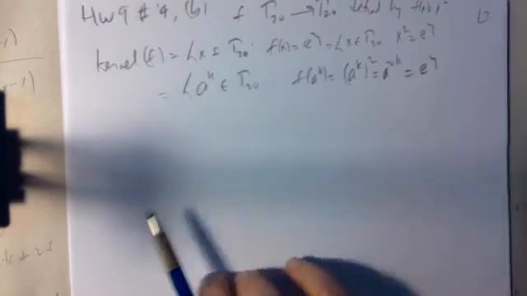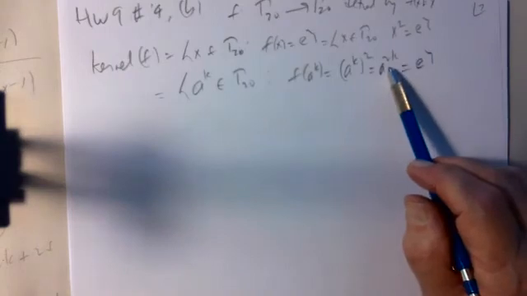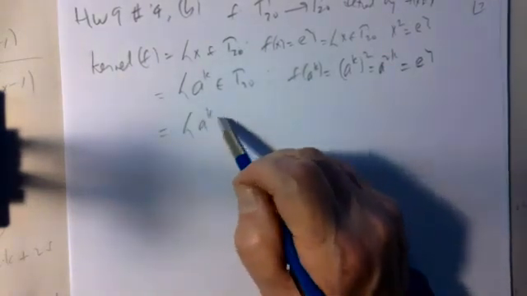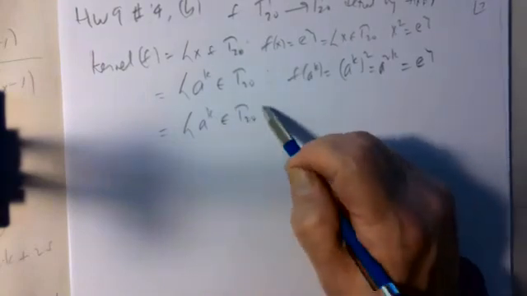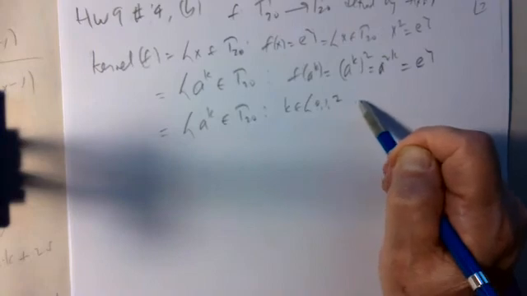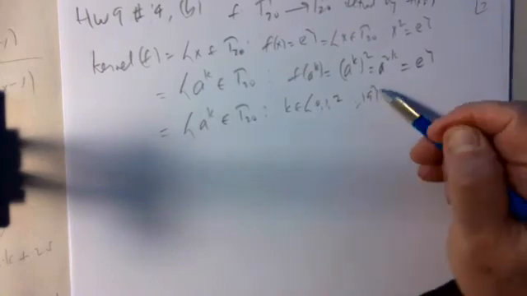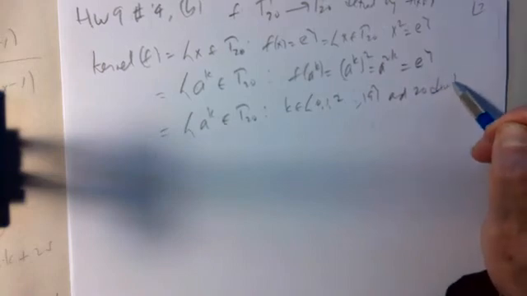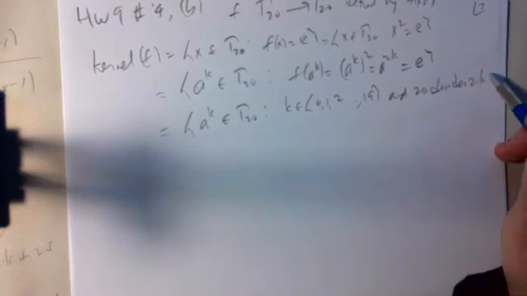So a to the 2k is the identity if and only if 20 divides 2k. So this is all a to the k in gamma 20 such that k is some number between 0 and 19, and 20 divides 2k.